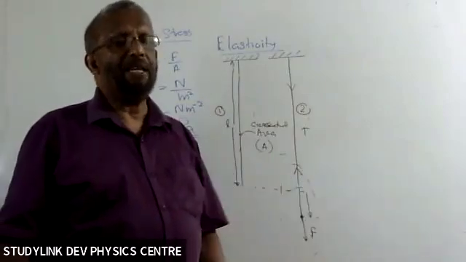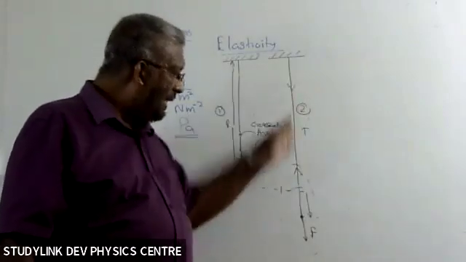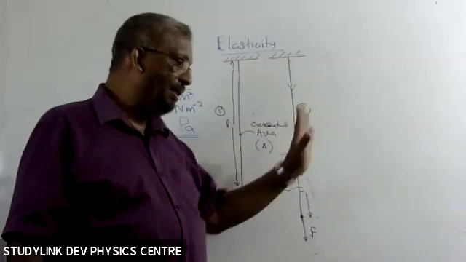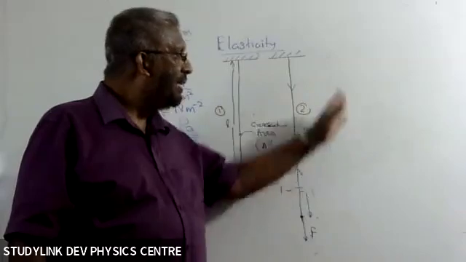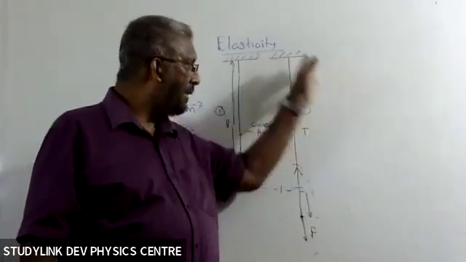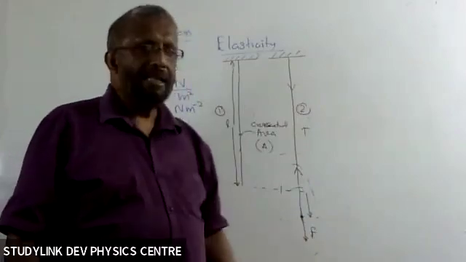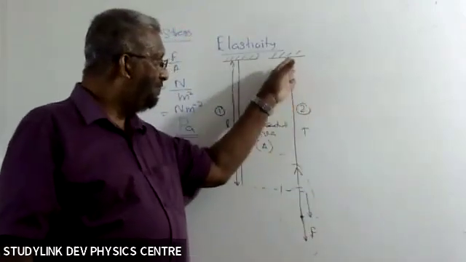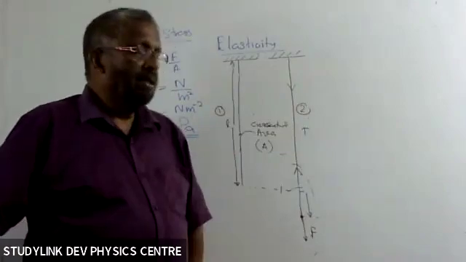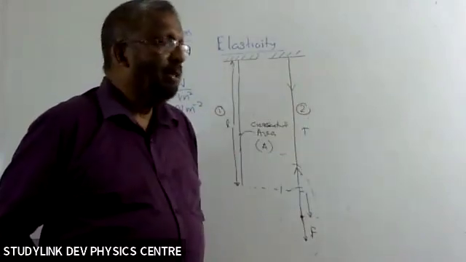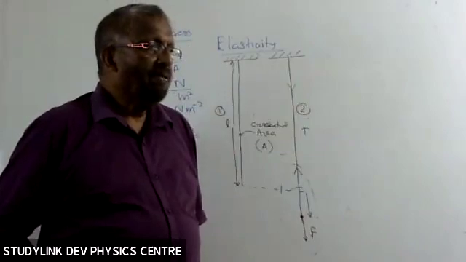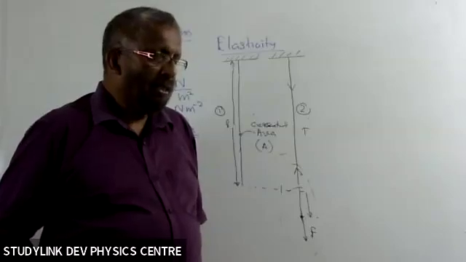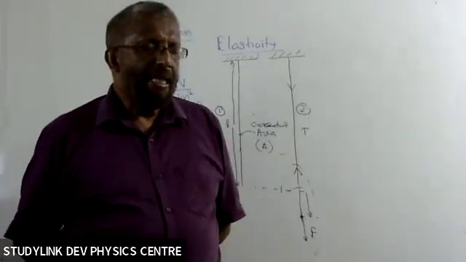But those are given different names. The linear one we call tensile, but we are not using the word tensile here. Again, the modulus of elasticity, when it is linear, is called Young modulus. According to the type of the considered object, when it is a wire, it extends linearly when a force is applied.